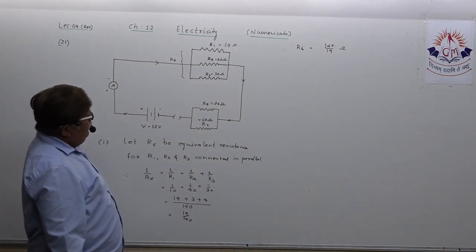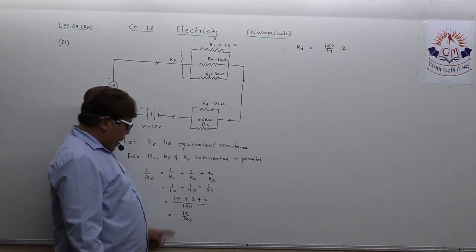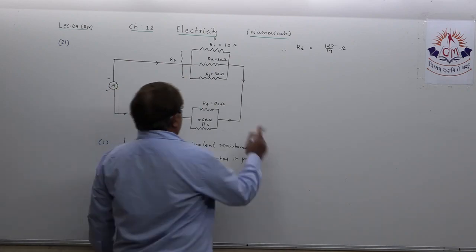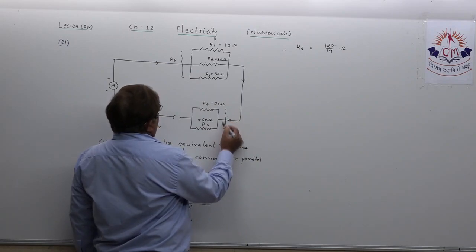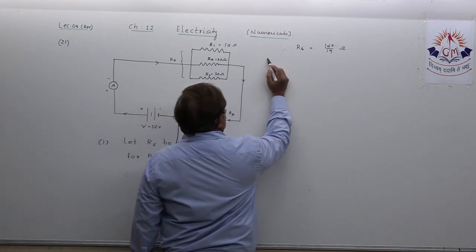So, first we got R6, understood. Now, for this particular assembly, we will take the equivalent resistance R7.